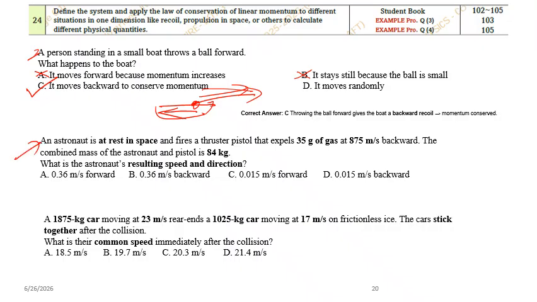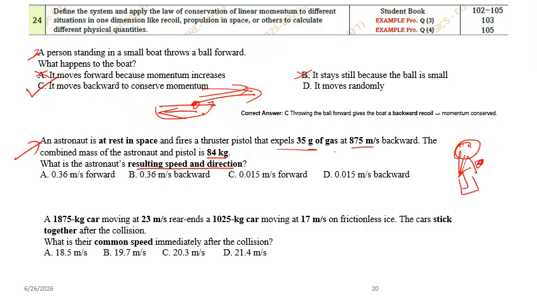Now next one. An astronaut is at rest in space and fires a thruster pistol that expels 35 gram of gas at 875 meters per second, and the combined mass of the astronaut is 84 kg. What is the astronaut's resulting speed, and in which direction? See, we have an astronaut, as in the picture we saw at the beginning.